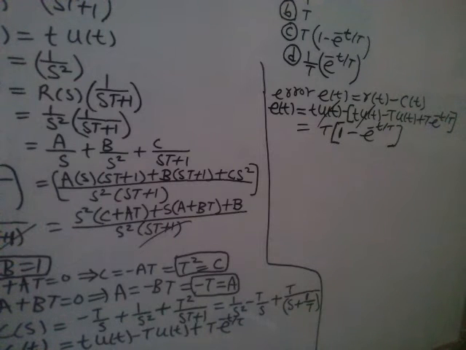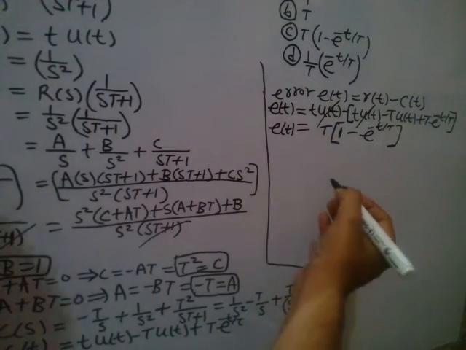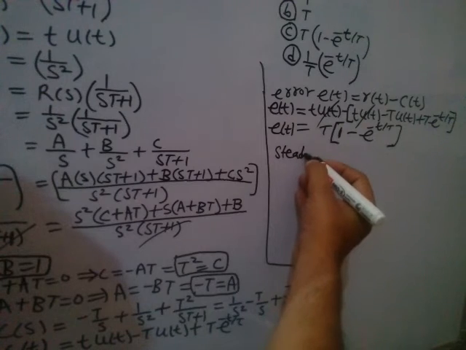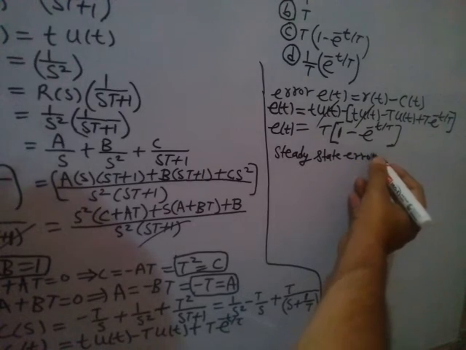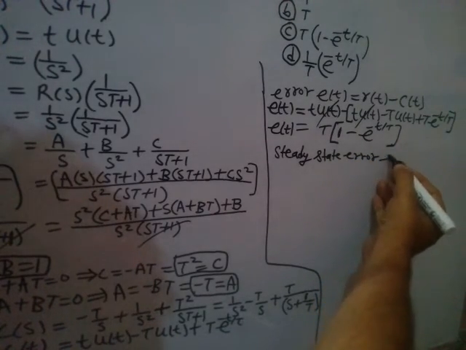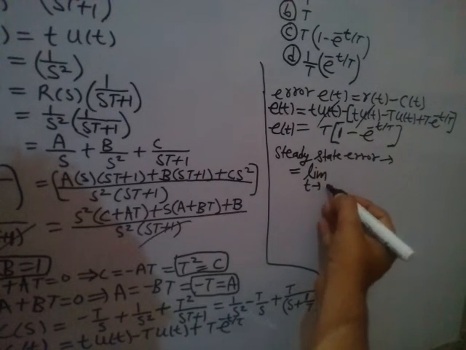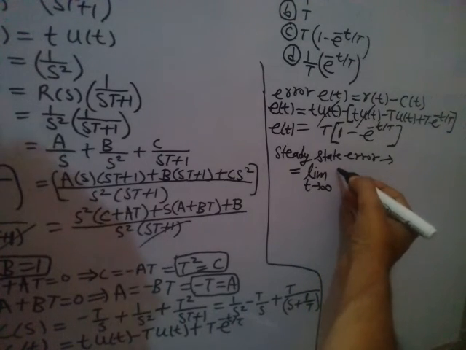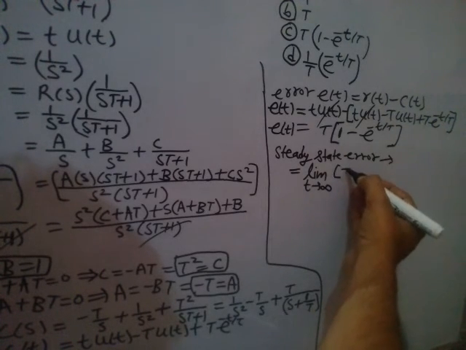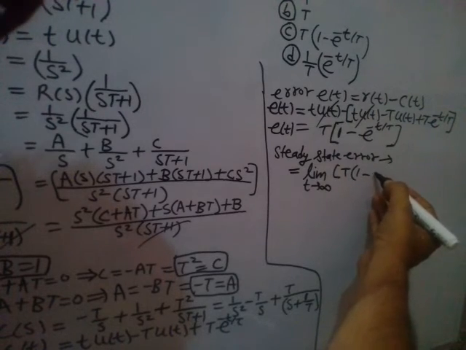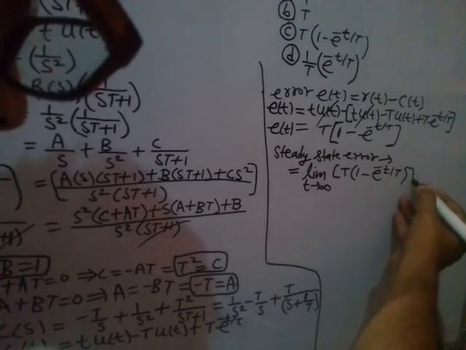So now you have to calculate the steady state error, because he is asking steady state error. So finally the steady state error will be equal to limit t tends to infinity, that is e(t), and e(t) is T times (1 minus e to the power minus t by capital T), right?